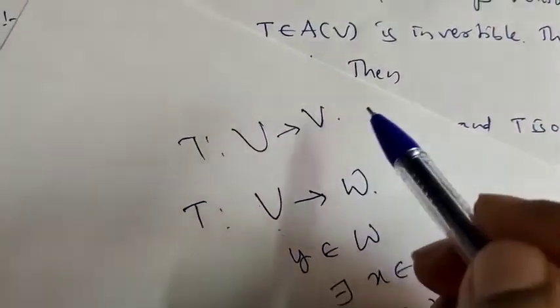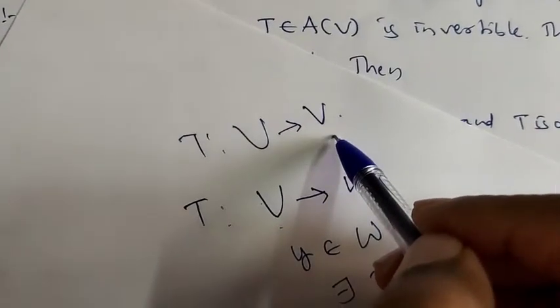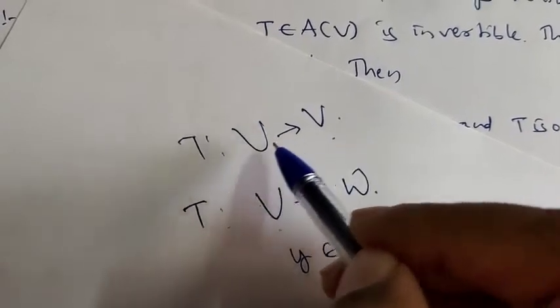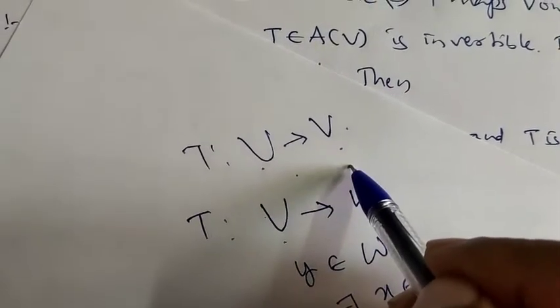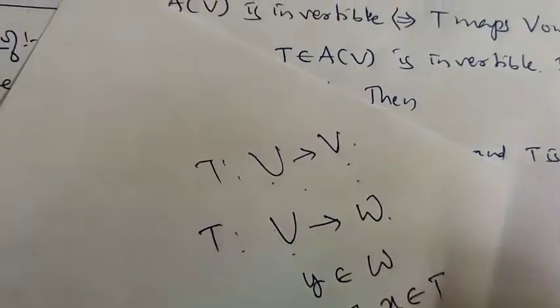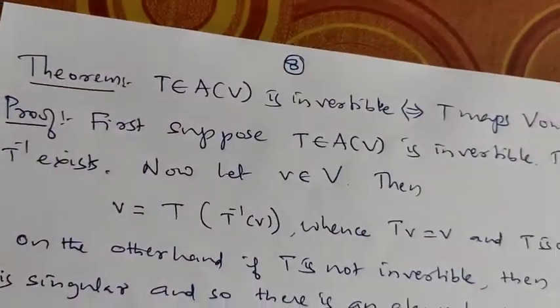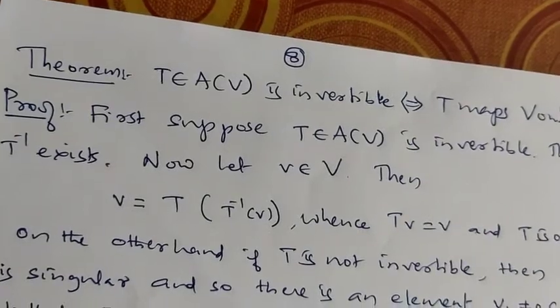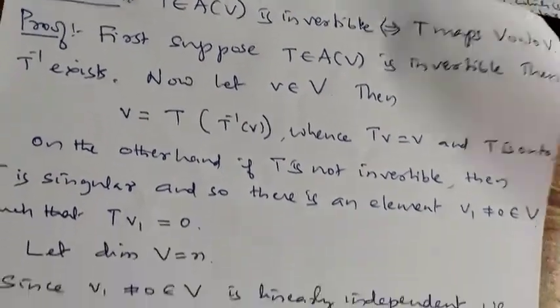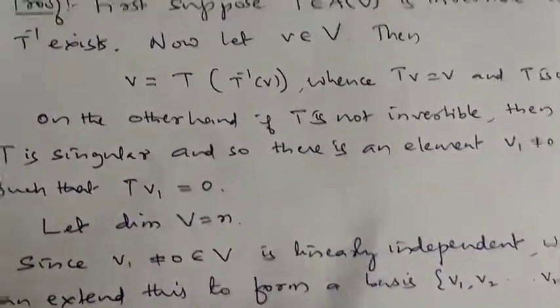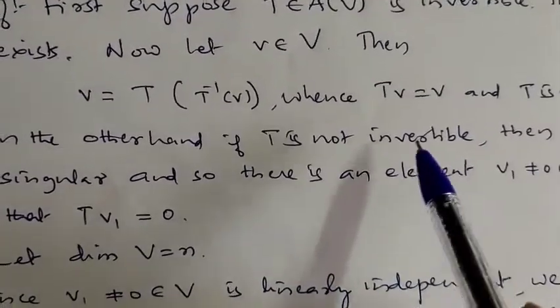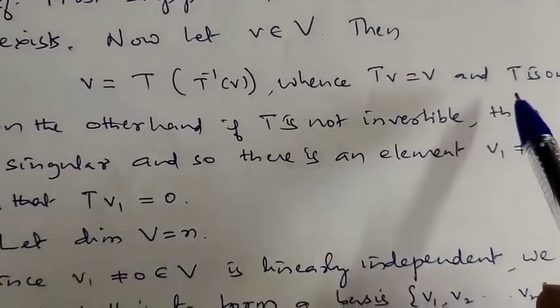T is a mapping from V to V. We have taken v belonging to V here, and then T inverse v belongs to V. Then T applied on that gives v itself. Therefore, T is onto. So we have assumed that T is invertible, and we have shown that T is onto. Conversely, let us take T is onto.